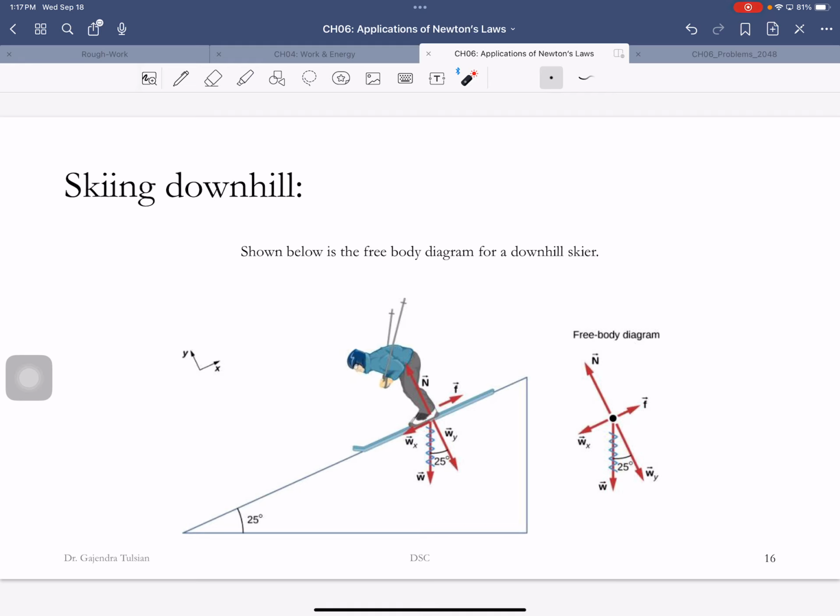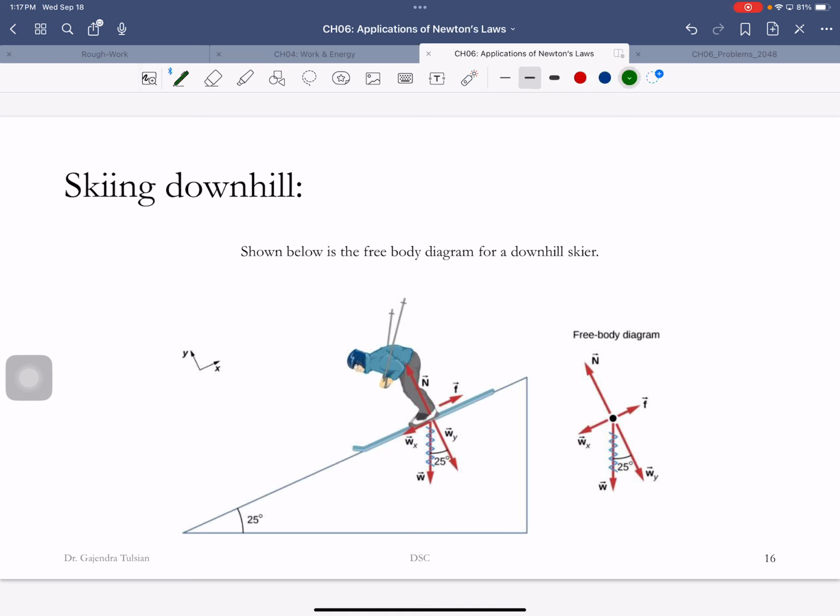Now we'll be interested in objects like this, downhill skiing. As long as this guy has only linear motion, he's not spinning, you can treat him as a point object. That means there are no torques acting on him. Let's look at all the forces acting on him. Here's the force of gravity, here's the normal force, and here's the friction force.